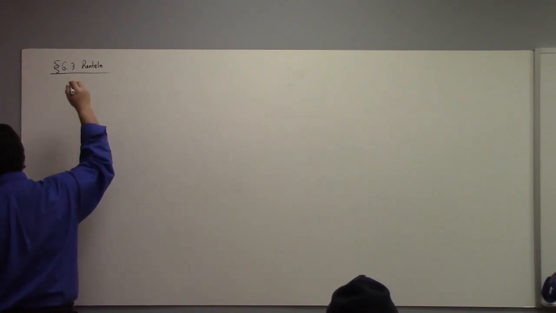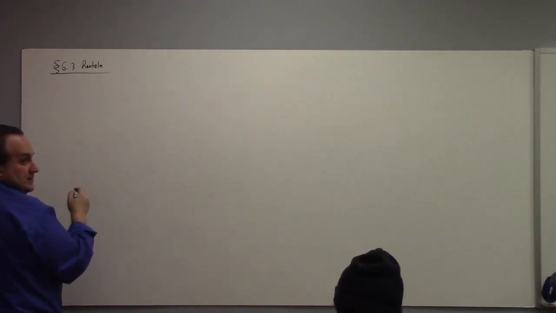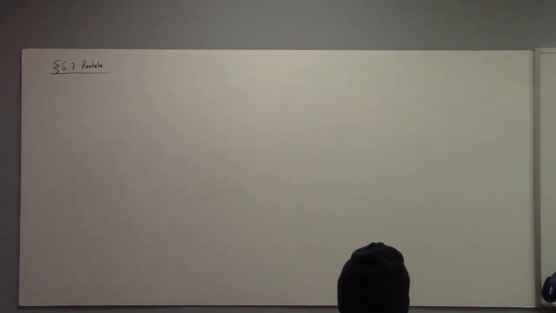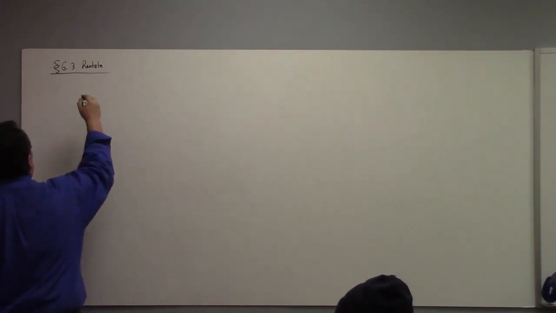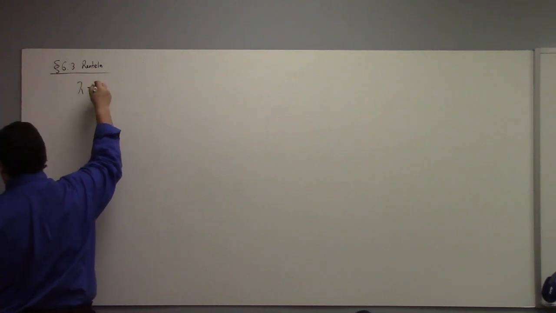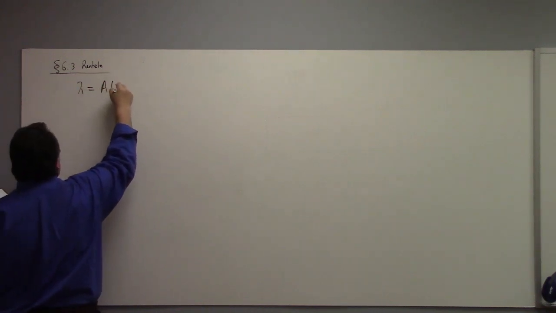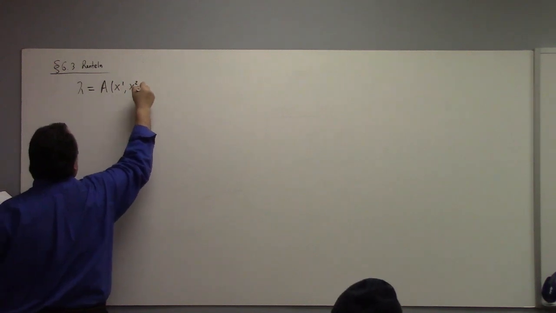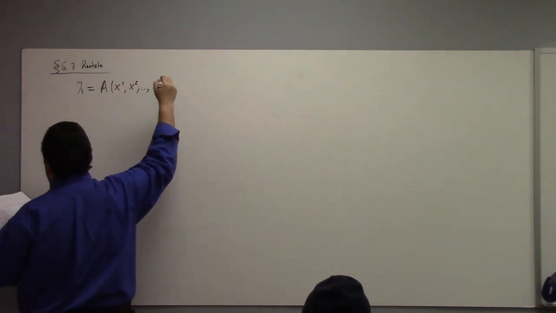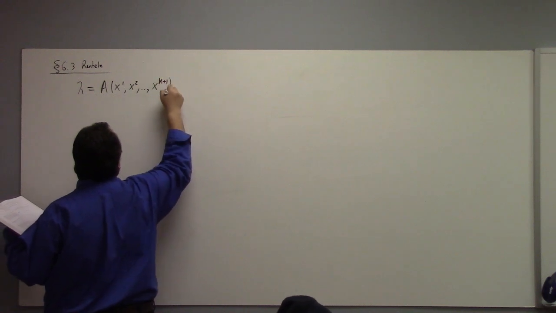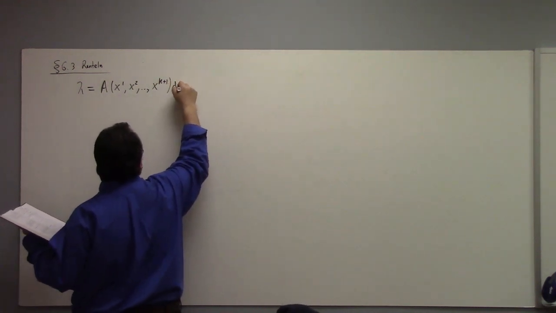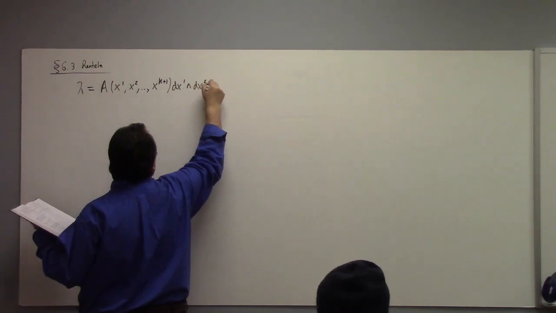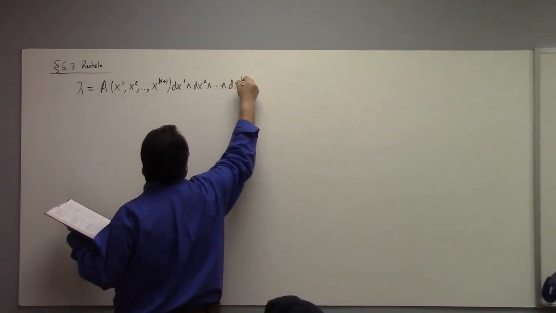So, again, by linearity, it's enough to prove it for lambda equal to a function a of x1, x2, all the way out through x_{k+1}, times dx1 wedge dx2 wedge dots wedge dxk.